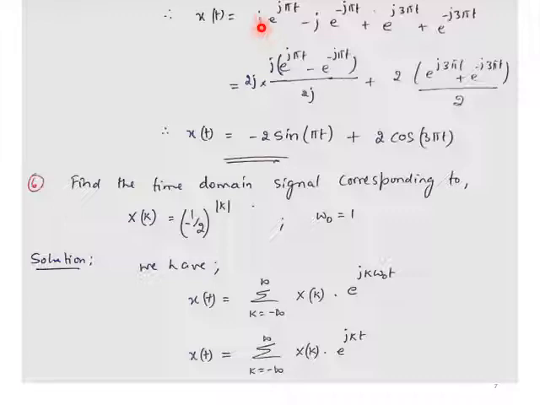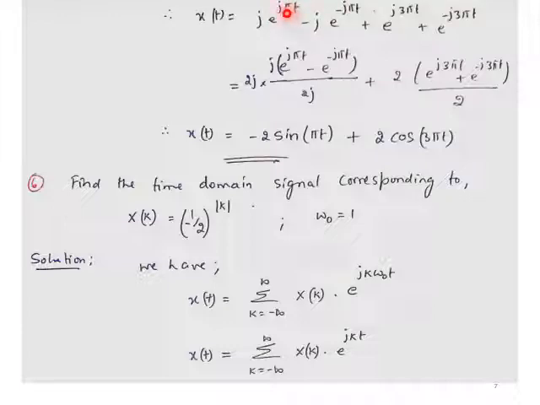So those are the two terms. Their magnitude values at k equal to 1 and minus 1 will be j and minus j correspondingly. So in the x of t substitution, x of k has magnitude j for k equal to plus 1, multiplied by e to the power jk omega naught t.